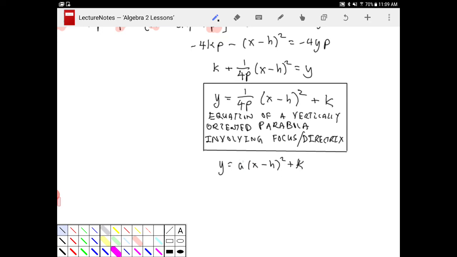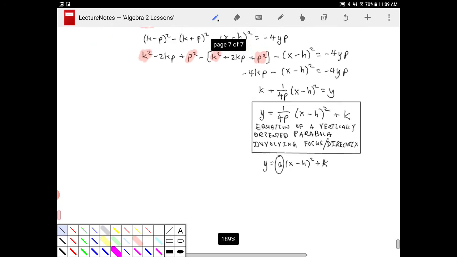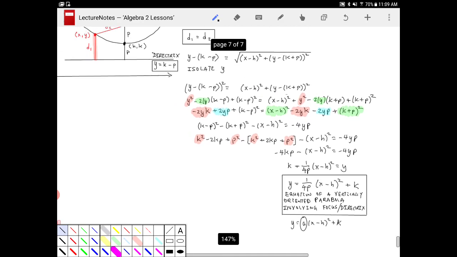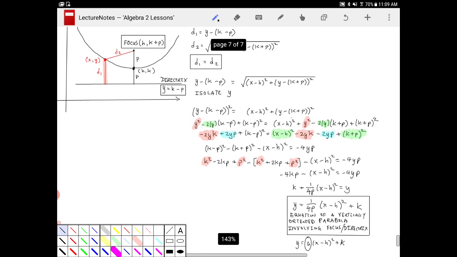The only difference is this leading coefficient a, which as it turns out has a lot to do with not only whether it's right side up or upside down, or how much vertical stretching or compression it has, but also tells us information about where the directrix and focus are going to be situated, and more to come about how we can analyze parabolas to determine the focus and directrix.